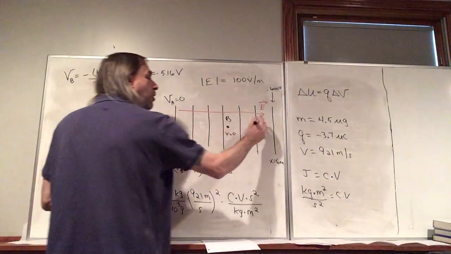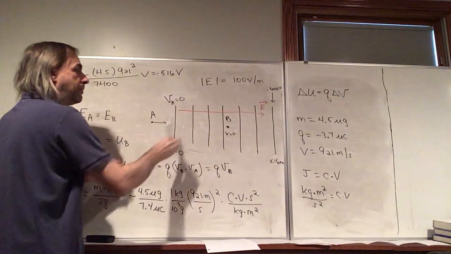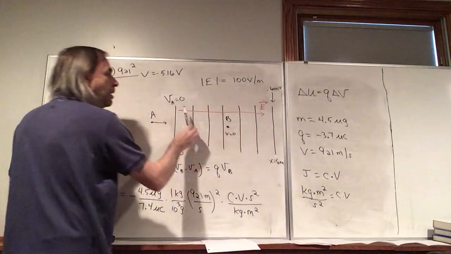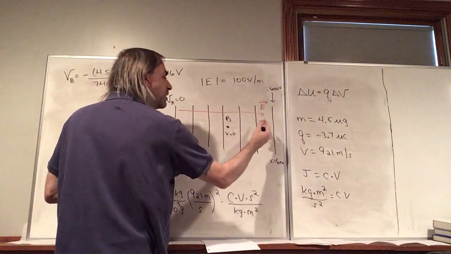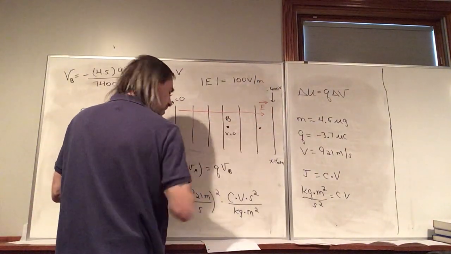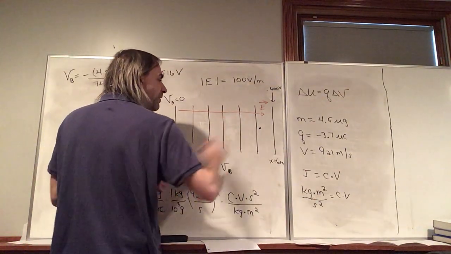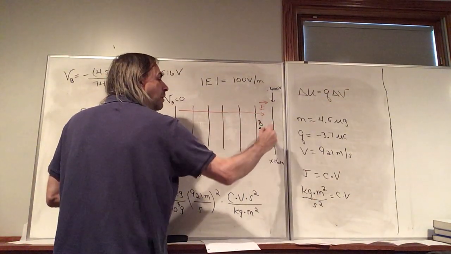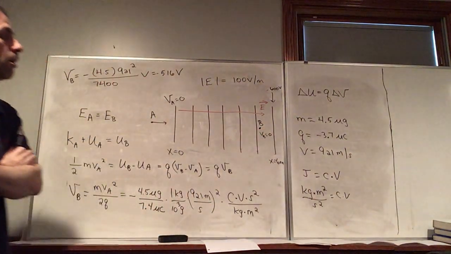So actually I'm going to move point B. So again, remember this is 0, it's 100 volts per meter in magnitude, and it's going down. This is minus 100, 200, 3, 4. This is minus 500. So it's actually going to stop over here. So this would actually be point B, where the velocity at point B is 0.